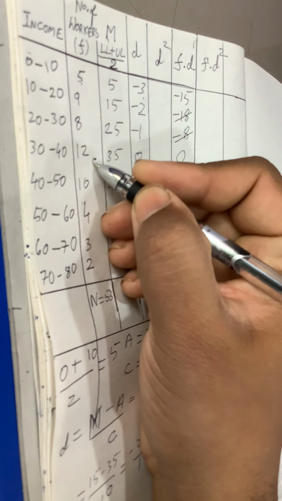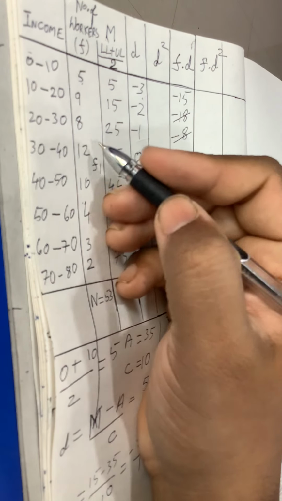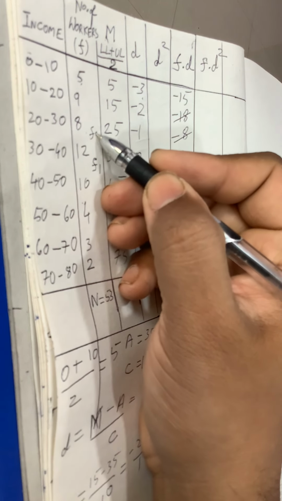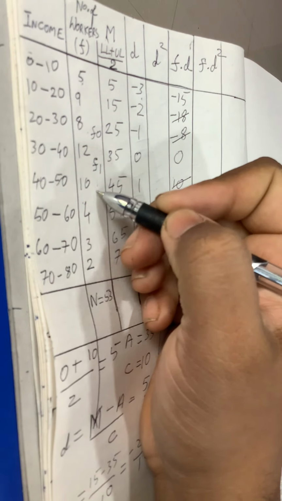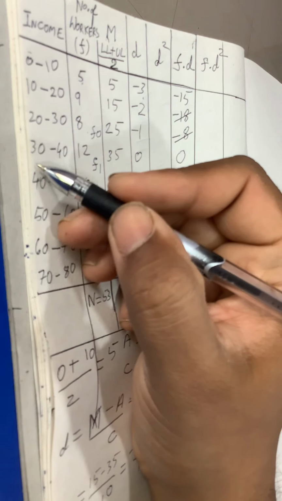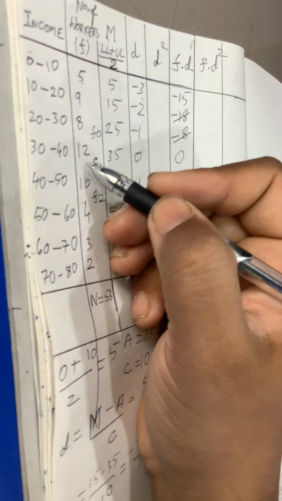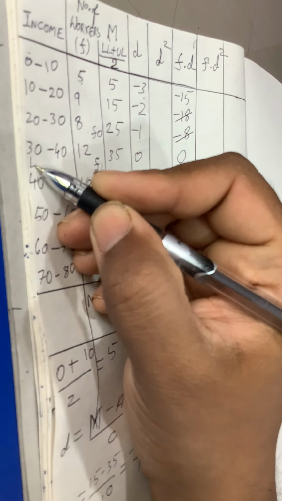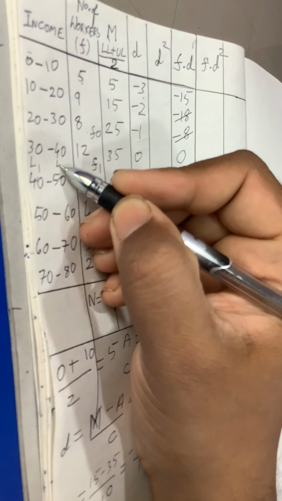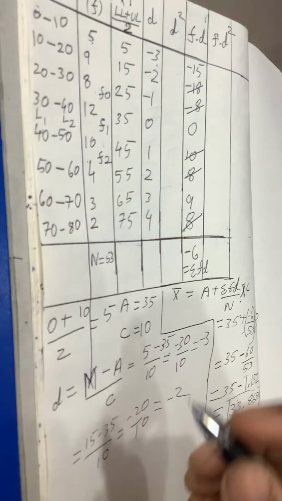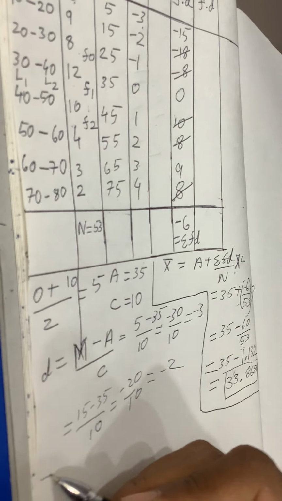Label it as F1. The previous class interval frequency we'll call F0. The next class interval frequency we'll call F2. Within this class interval with the highest frequency, we'll call the lower limit L1 and the upper limit L2.